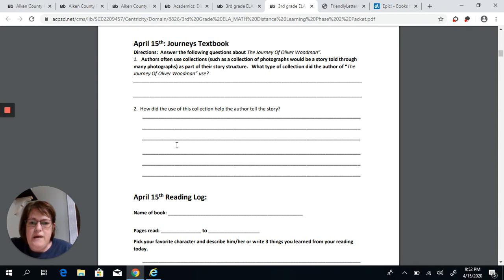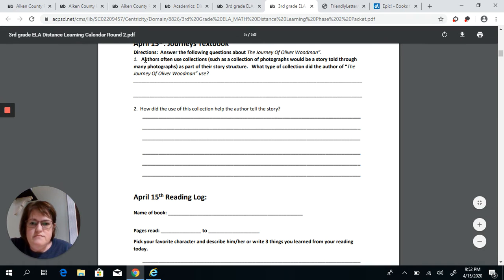So you're still writing about the same story. Number 1, authors often use collections, such as a collection of photographs would be a story told through many photographs, as part of their story structure. What type of collection did the author of The Journey of Oliver Woodman use?